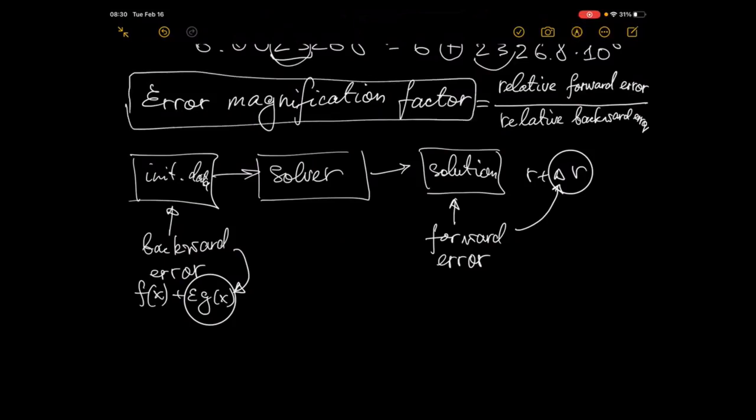By definition, we introduce it as the relative forward error divided by the relative backward error. Why? Because if you multiply this fraction by the backward error, the error which we had at the input data, it will give us the error which we will get on the output.